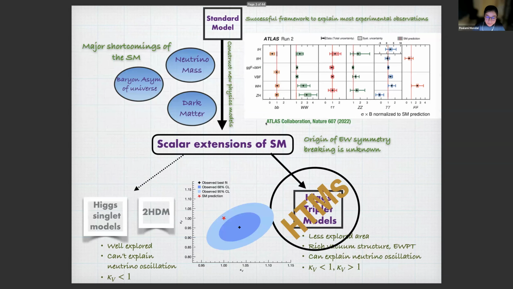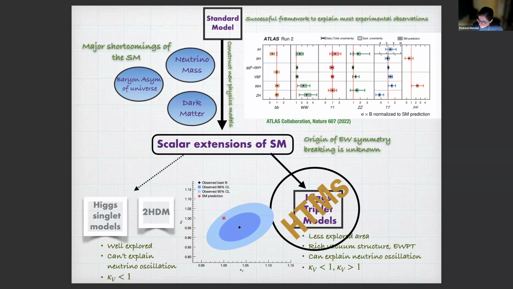The first thing was that the minimal extension one could think of is adding 1 doublet. That was the well-known one. Adding 1 doublet would be the minimal thing one could do, or one could add 2 doublets. And if you keep on adding 2 doublets, 3 doublets, and so on, you cannot get kappa_V greater than 1.